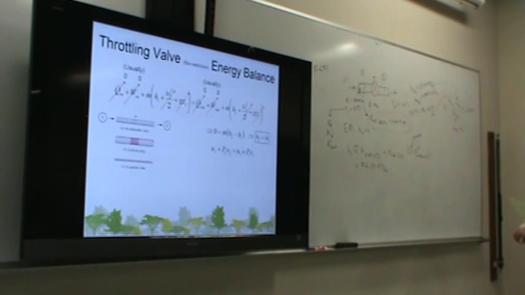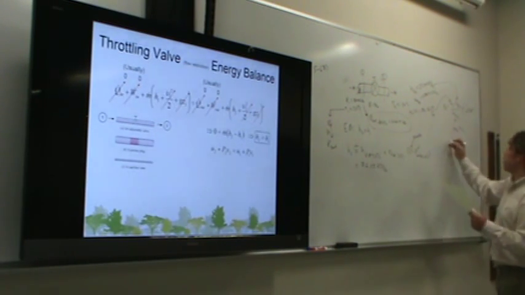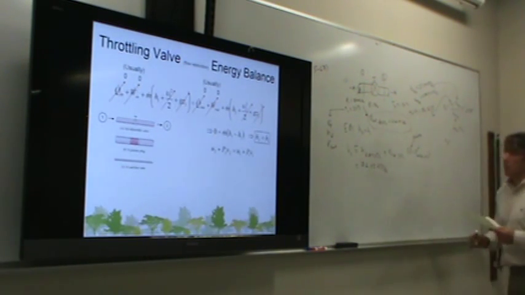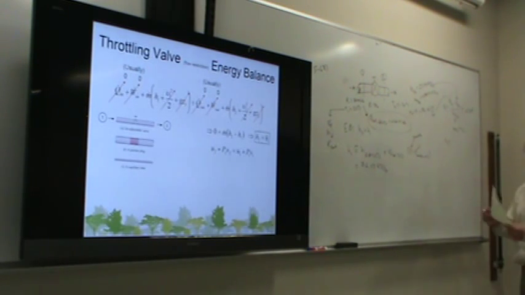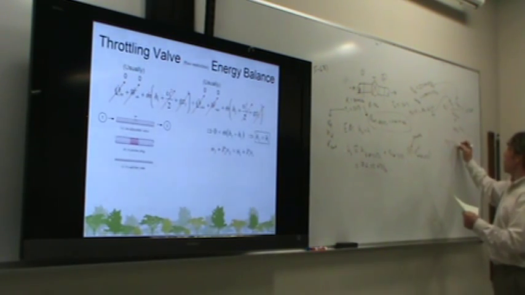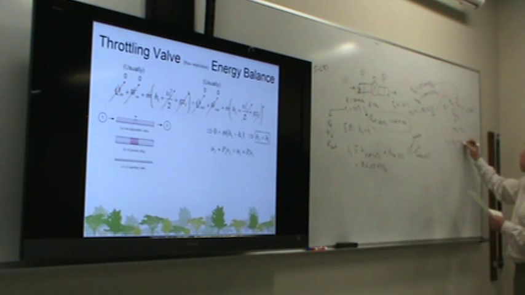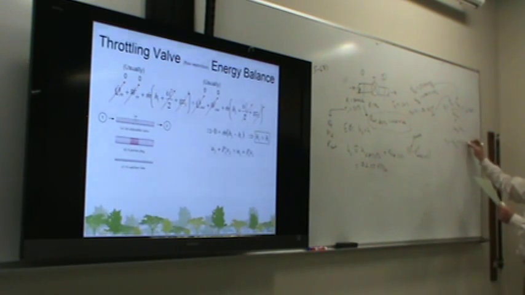So what I'd like to do is come up with the internal energy at the exit, because I think that's what they asked for. So the internal energy at the exit would just be the internal energy of saturated liquid plus the quality times UFG from state 2. So we're going to look up internal energy instead of enthalpy at the exit.